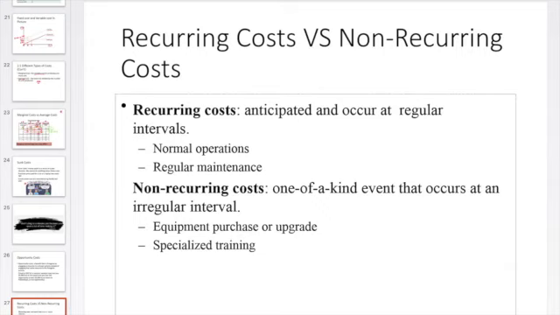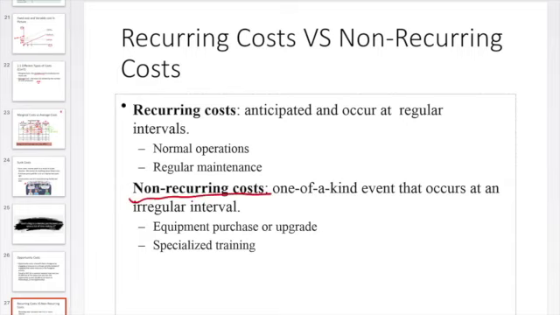There are other types of costs. Some costs are called recurring costs. That's the cost anticipated and occurring at regular intervals, like monthly rent and monthly utility bills. Those are something you have to pay every time period. Another item is called non-recurring costs.